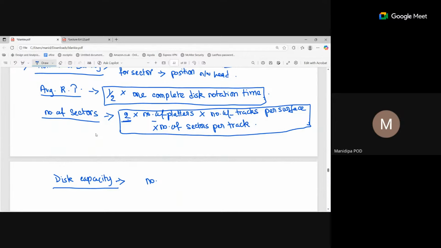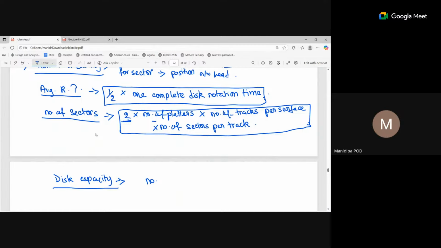If there are, let's say, 6 sectors on each track, the total number of sectors is 5 into 6, 30. That is this many sectors on just one surface. Then multiply by 2 because there are 2 surfaces for each platter. So that is the total number of sectors on a particular platter. Multiply by the total number of platters, then you get the total number of sectors combined in all the platters.